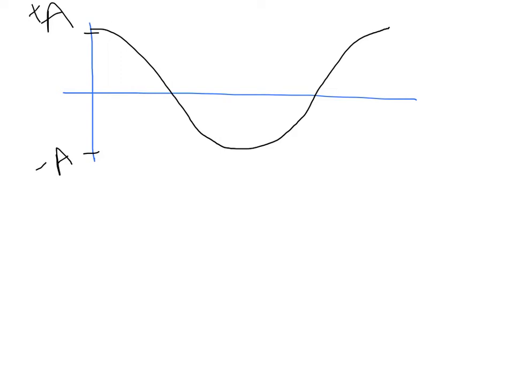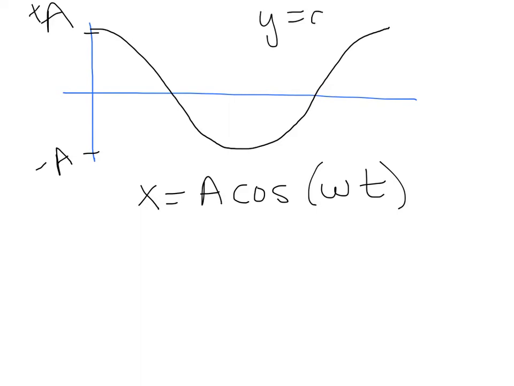We defined the position at that time when it was displaced to the right or left, depending, as cosine omega t. We did that based on the old sinusoidal equation, y equals a sine bx plus c plus d from math classes, getting rid of the c and d, saying we don't need that, and then saying that the vertical axis might as well be a horizontal axis depending on our frame of reference, which we're very comfortable with.